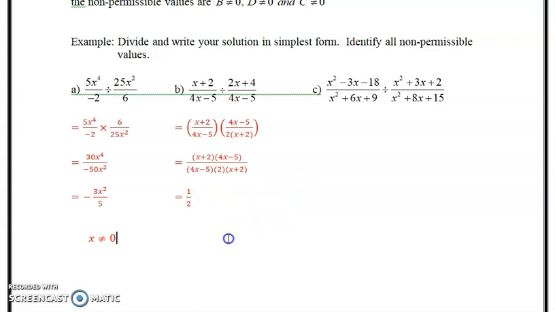It's pretty neat. Don't forget about your non-permissible values based on restrictions. And remember, restrictions are not only the two denominators here, it's also the numerator. So it's going to be the denominator of the first rational expression and the numerator and denominator of any rational expressions after that when you're dividing. Okay?